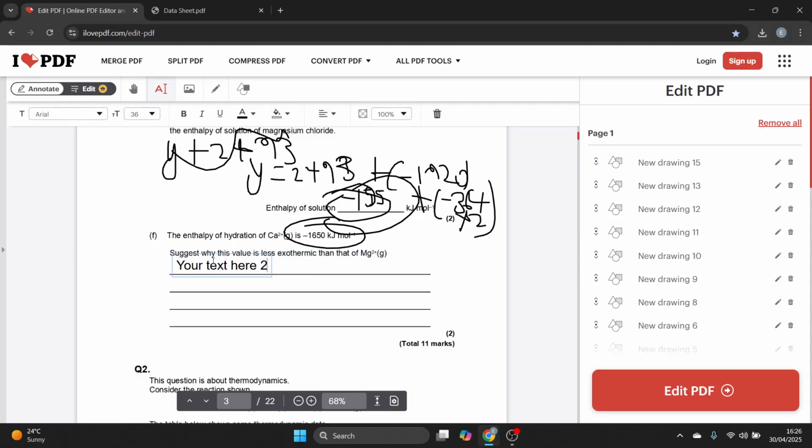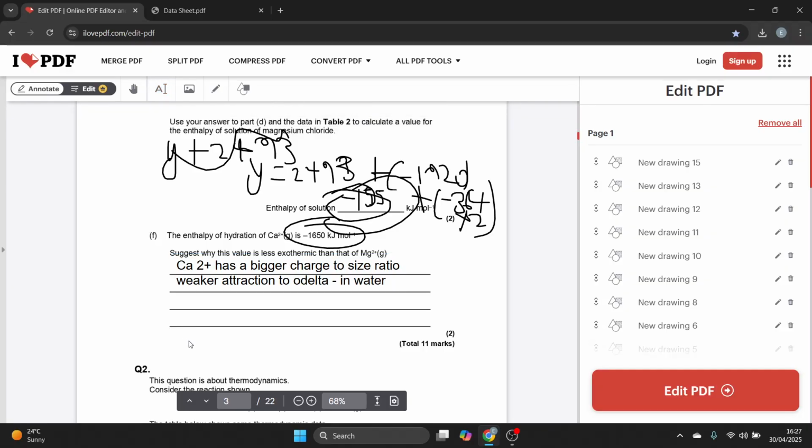So the first mark you'd get is by saying Ca2+ has a bigger charge to size ratio, weaker attraction to oxygen delta negative in water.